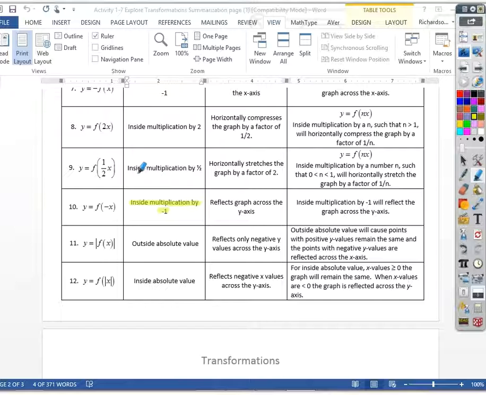And on C, we're also going to get the effect of inside multiplication by 1/2. So not only are we going to get a reflection across the y-axis, we're also going to get a horizontal stretch again by a factor of 2. So we've got both of those effects happening here because that number that we're multiplying by is negative. And that's going to give us that reflection across the y-axis.